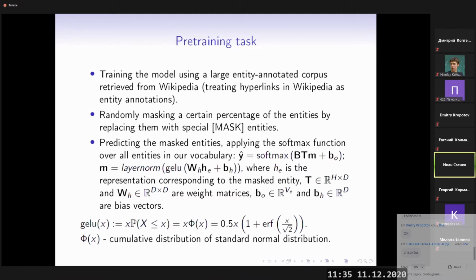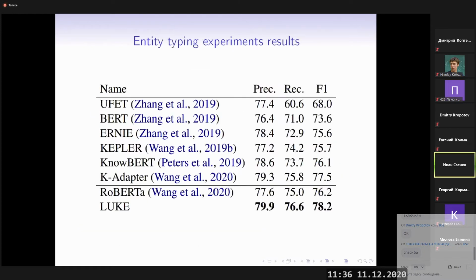So there are formulas which are used for the predictor with a special nonlinear function, GELU. And in the end there are results for experiments. It should be noted that, for example, the first task is entity typing. What's going on?